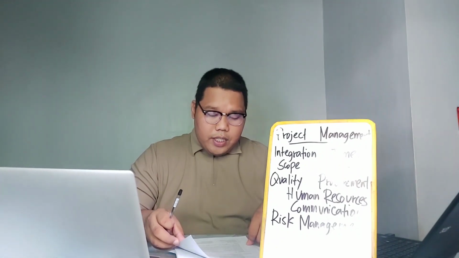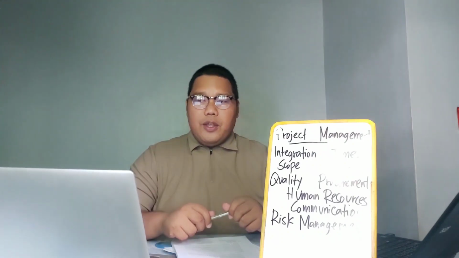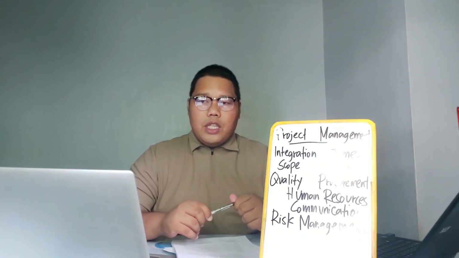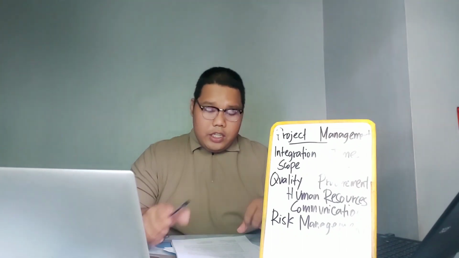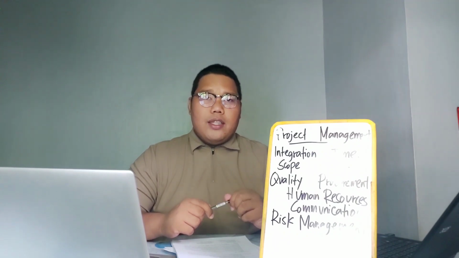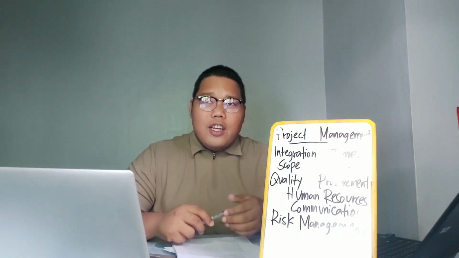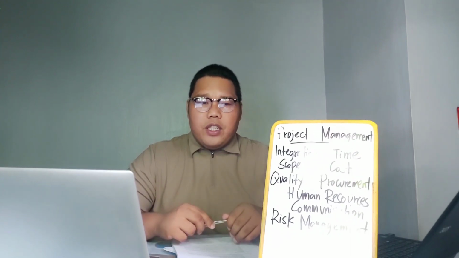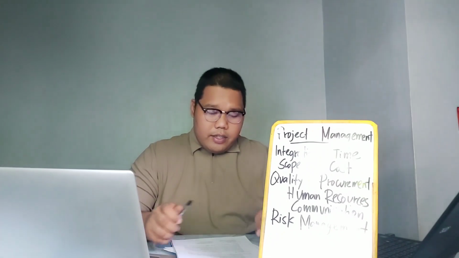And in risk management, various risks involved in the project should be identified, and a mitigation and contingency plan needs to be developed to ensure that the project is not derailed at any point. So for each project management task, the manager should do everything to ensure that the project will be a success.